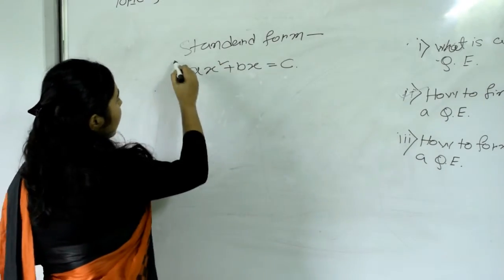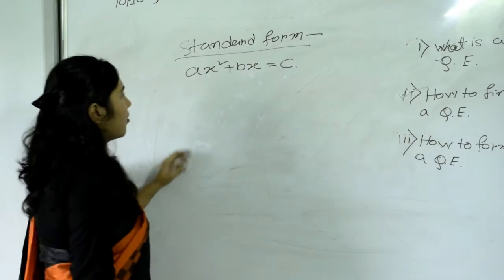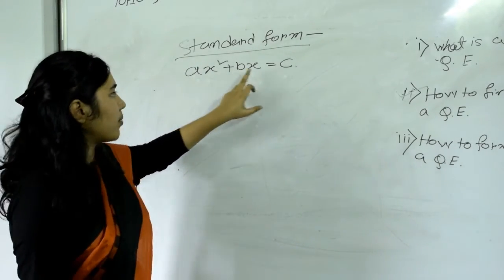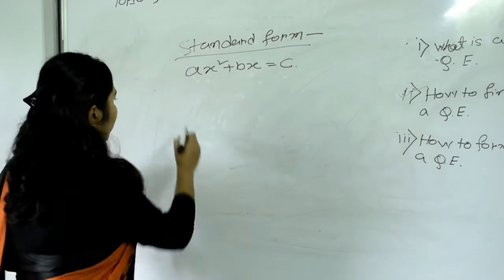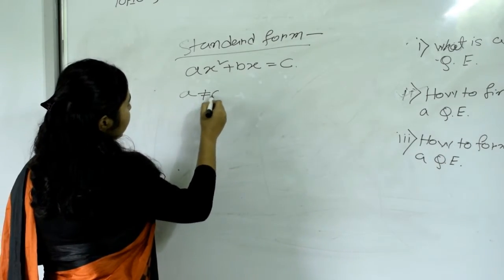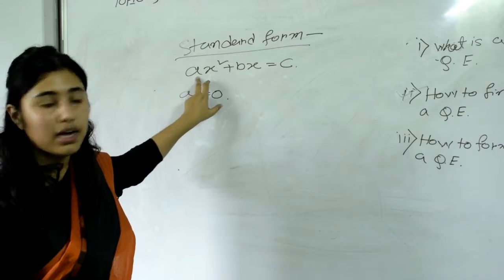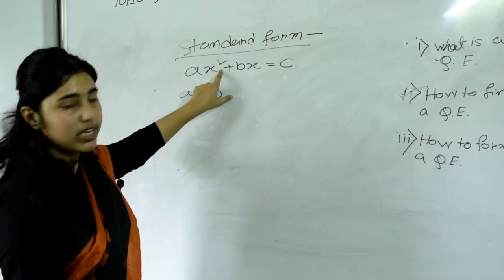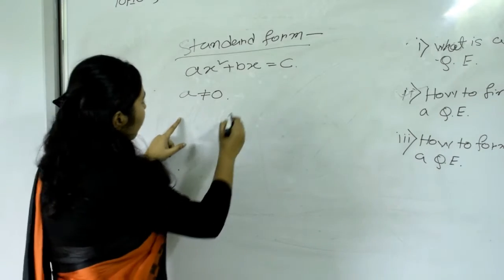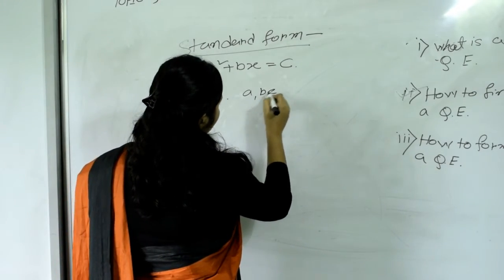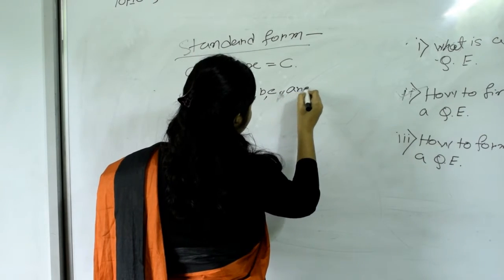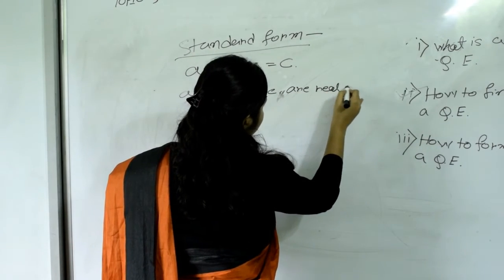So a can't be 0 because a is the coefficient of x square, which is the highest power of x, and a, b, c have to be real numbers.